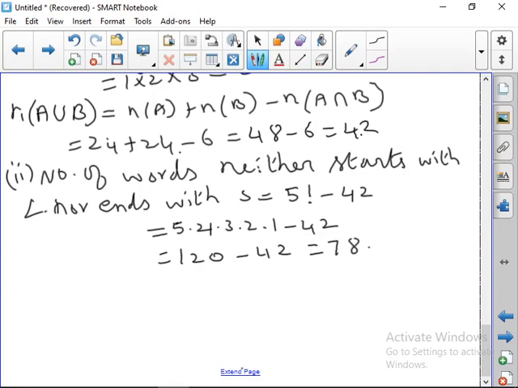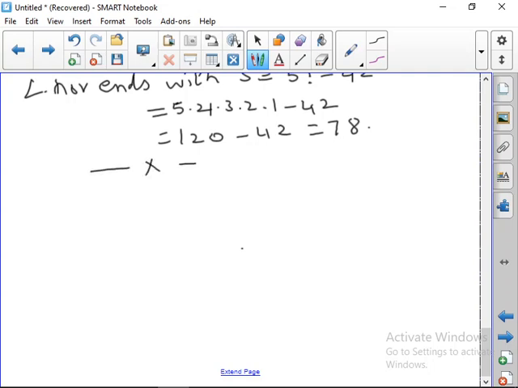Okay. So this 12th question is over. Now we will go to the next topic, that is factorials. So, what are factorials?